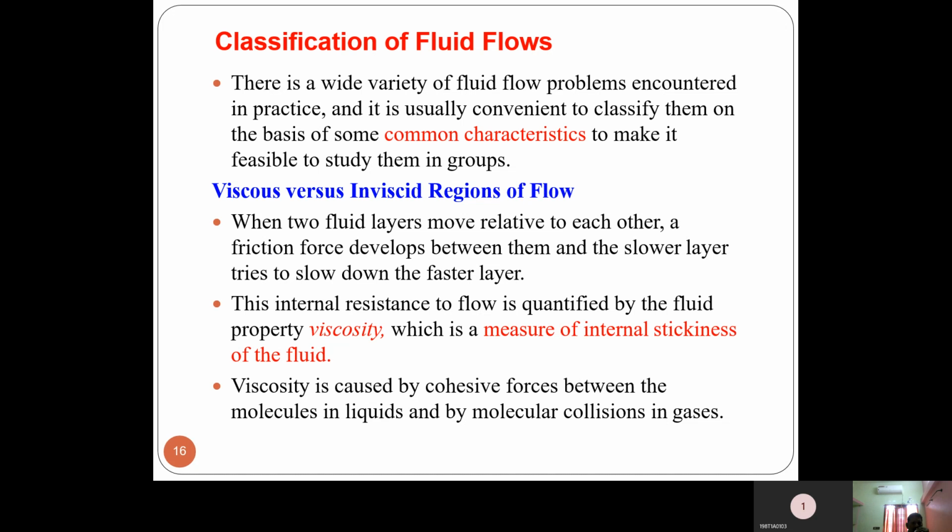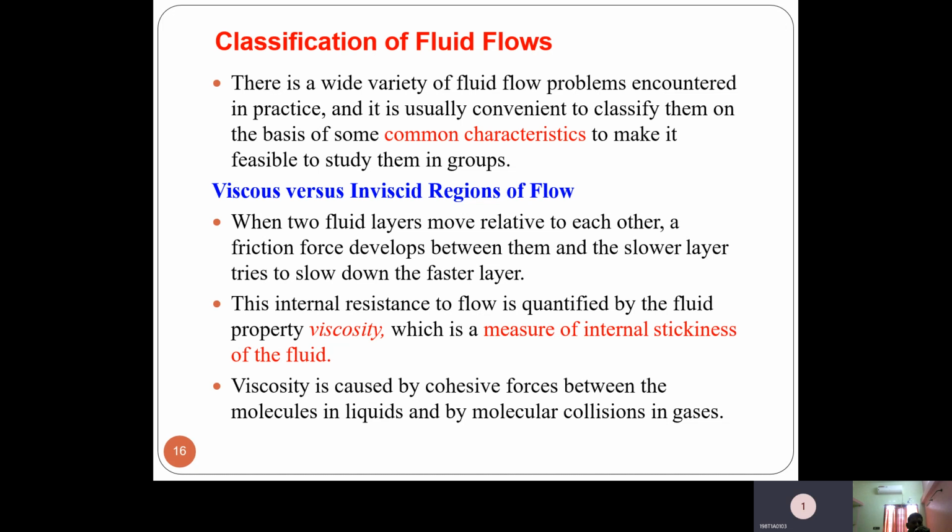First criteria: viscous versus inviscid regions of flow. When two fluid layers move relative to each other, a frictional force develops between them, and the slower layer tries to slow down the faster layer. As we discussed in viscosity, we had considered different layers flowing over one another.